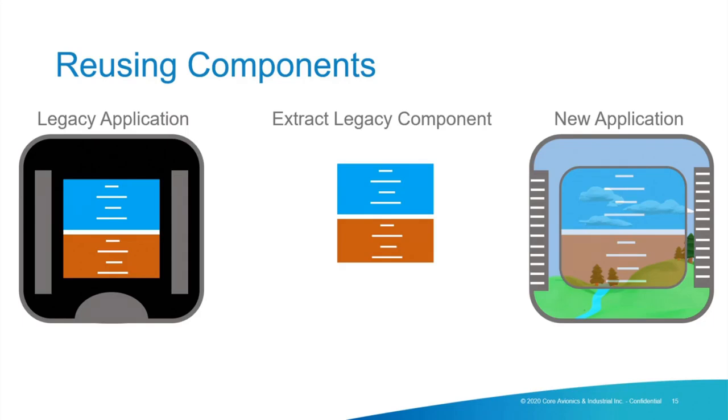So in this whole process, we have a legacy application, we've extracted the legacy component we want to reuse, and then we've modified how it's displayed in some way and composited it on top of a new application. So this would be the whole life cycle of reusing a component, at least visually.